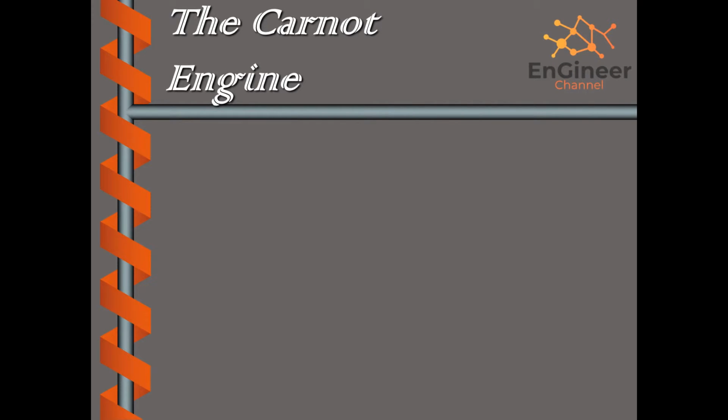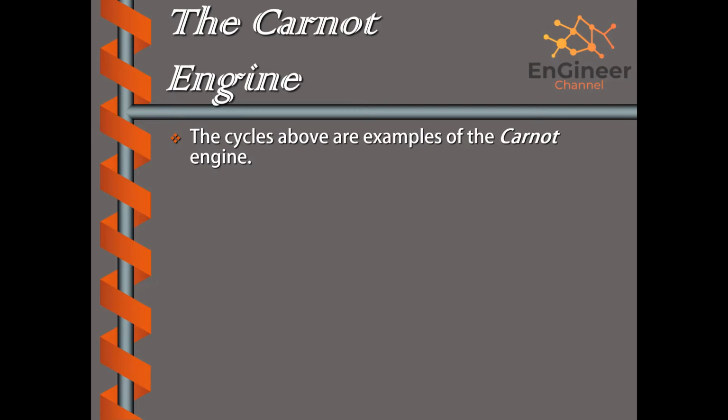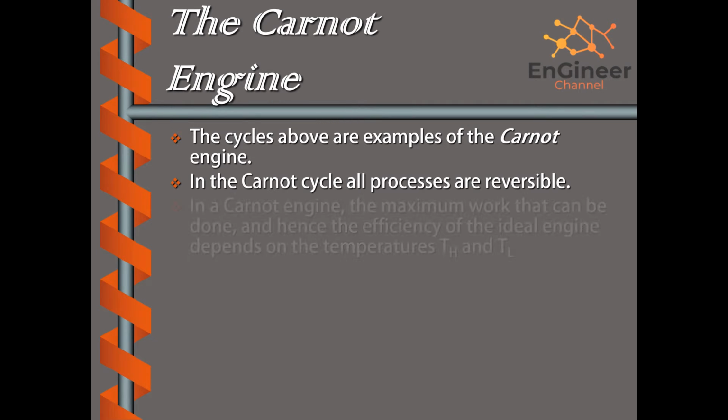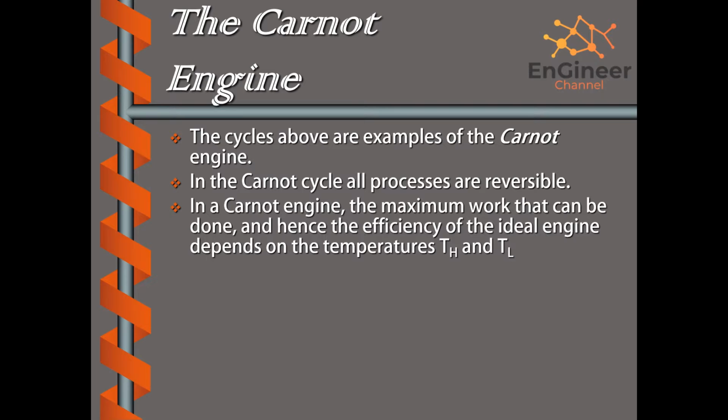Now let's discover the Carnot engine. The cycles above are examples of the Carnot engine. In the Carnot cycle, all processes are reversible. In a Carnot engine, the maximum work that can be done, and hence the efficiency of the ideal engine, depends on the temperature, the high one and the low one.